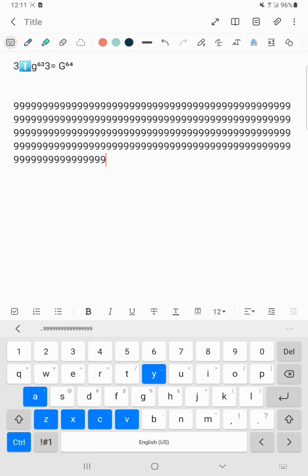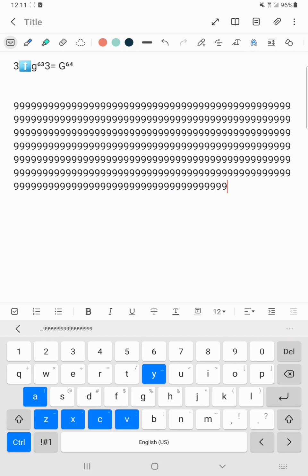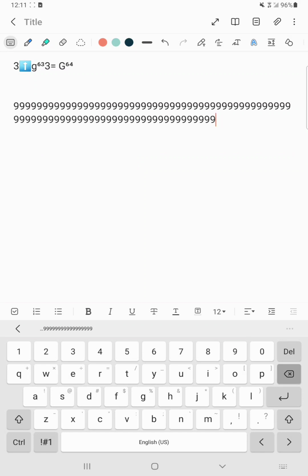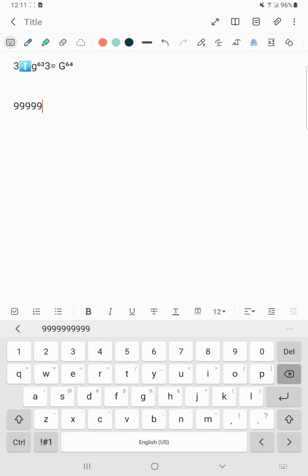This is how big it would be. A very big number. Let's delete all of the 9s. So this is how big Graham's number is. G64 is Graham's number, the biggest number ever in mathematics.